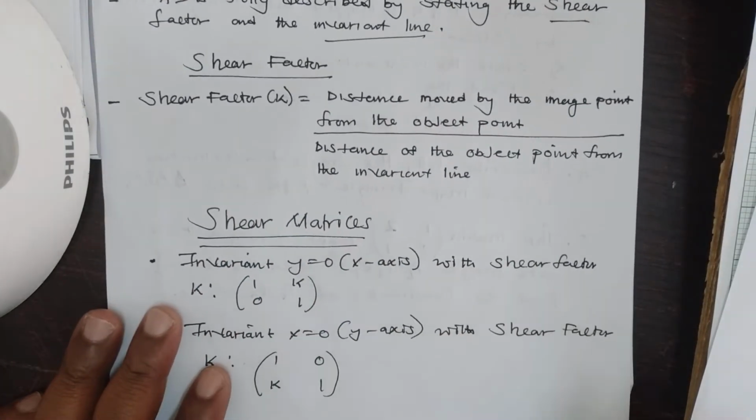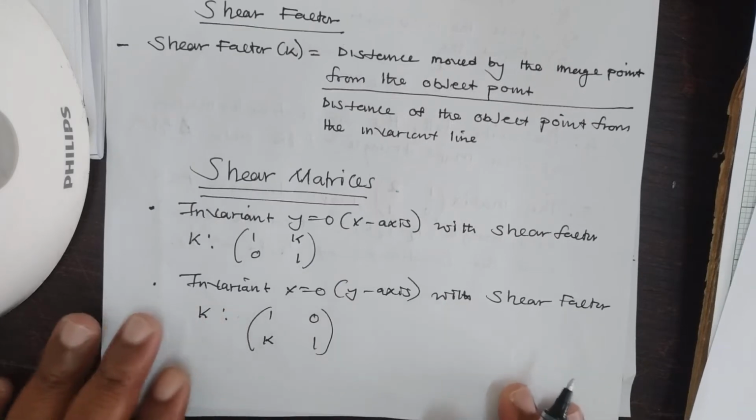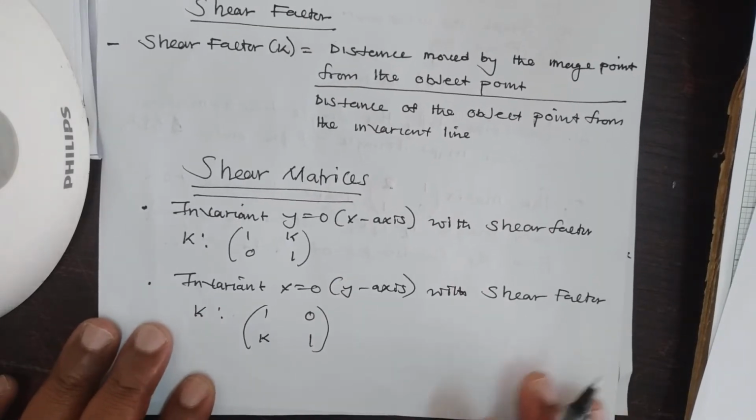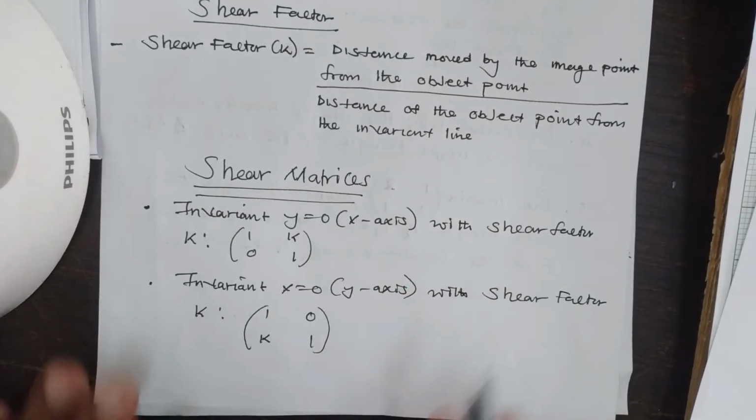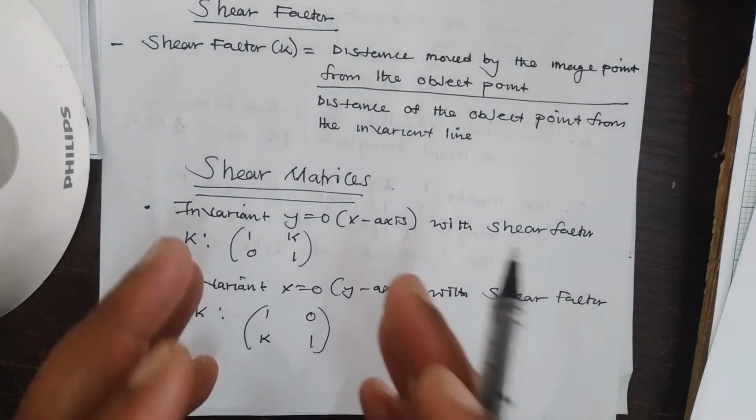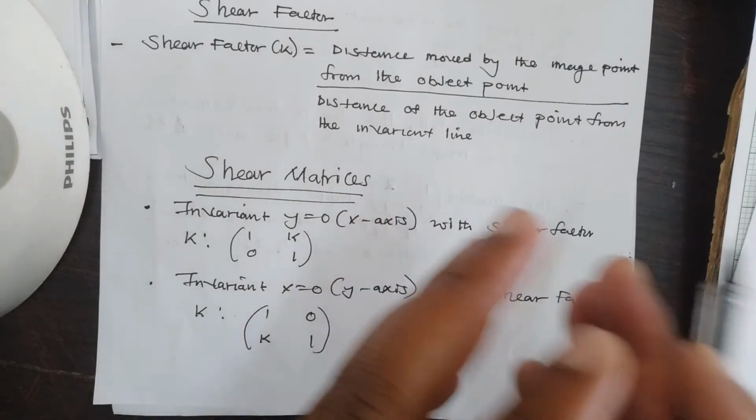There are other things that we need to take note of, what we call shear matrices. There are times when you're supposed to find a matrix. You can multiply a matrix by the object to produce the image.